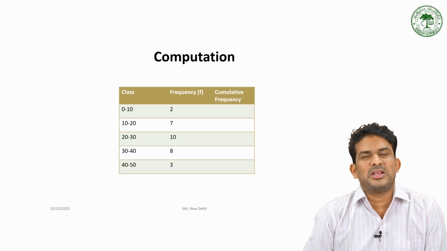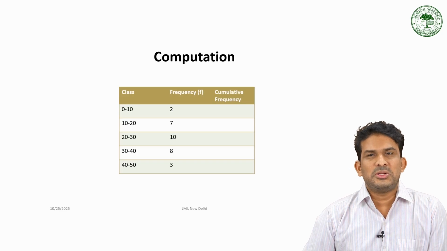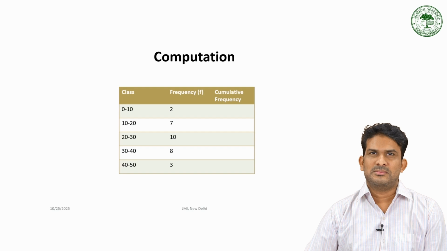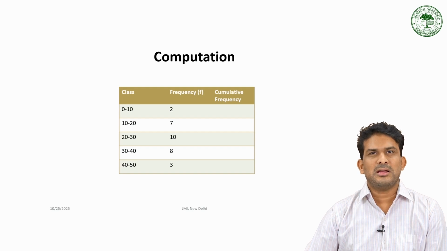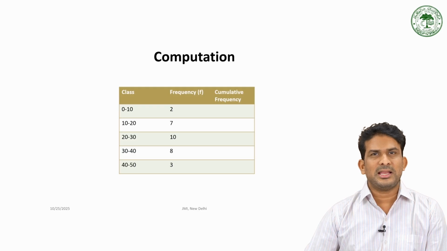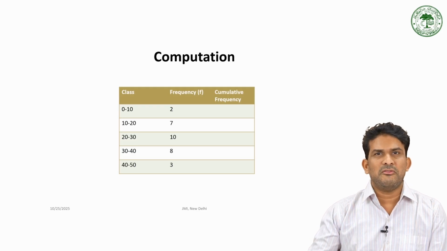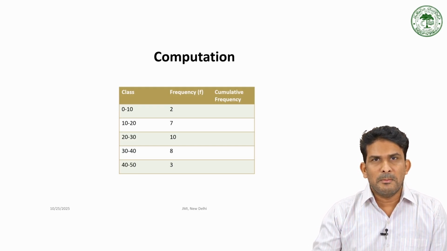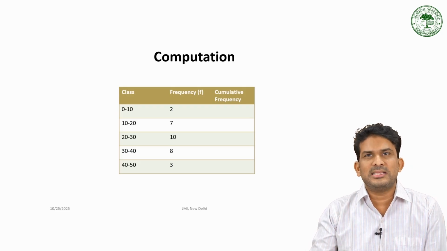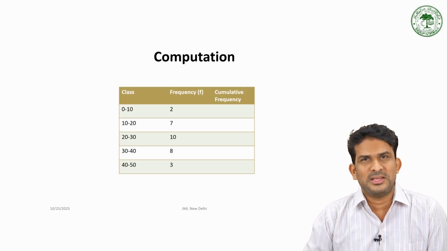Second concern of cumulative frequency: we don't know which value comes in the center. For raw data, what we were doing, either in ascending or descending order, we made an array of data, then took the middlemost value as median.